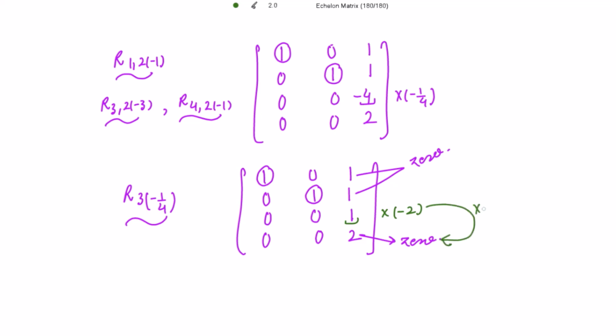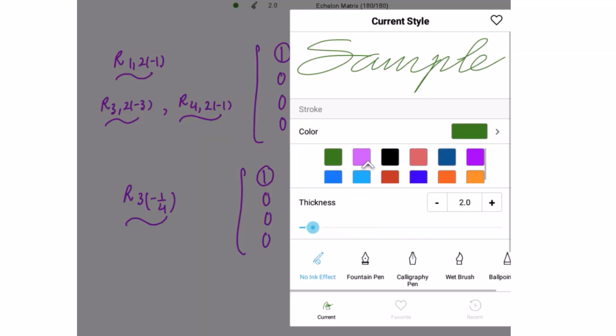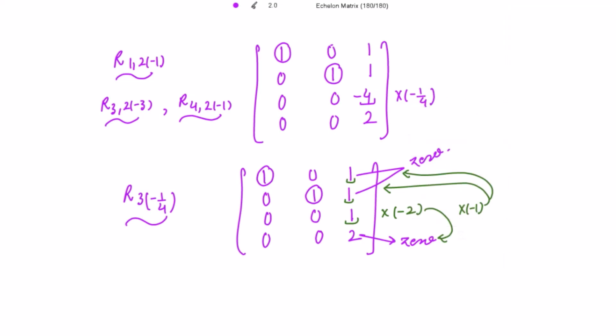Multiplying the same row with negative 1 and adding its elements to the second row and also to the first row, so that I can get 0 over here also, right? So I'm applying these three operations again for the third, second and first row.